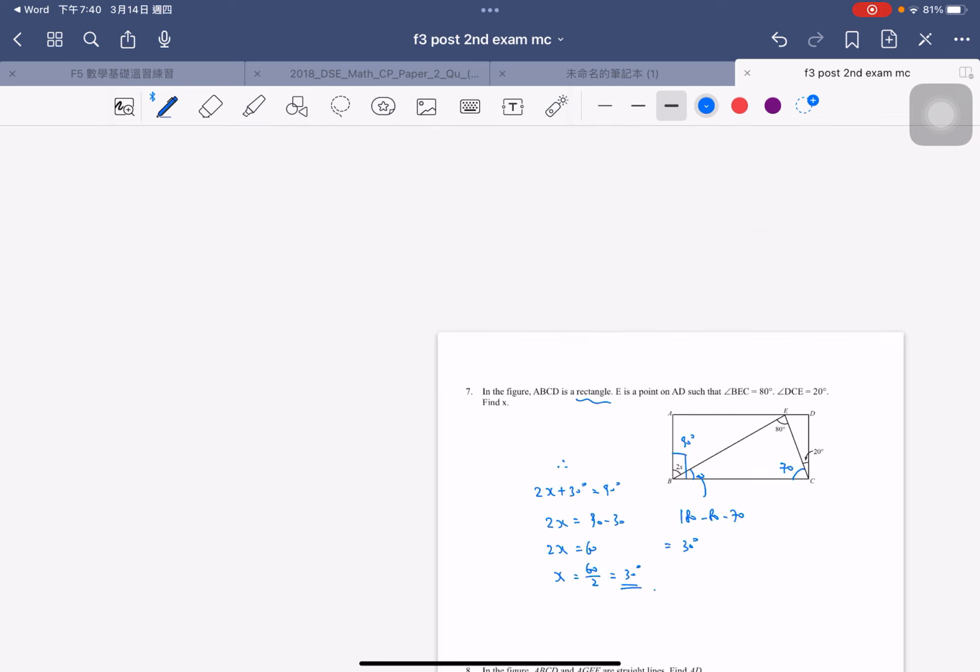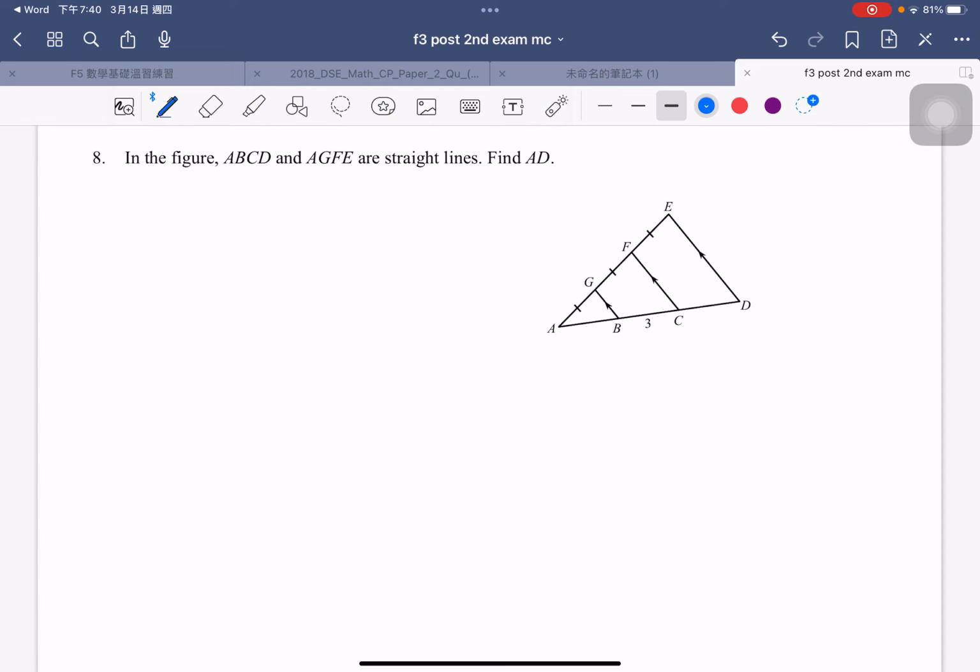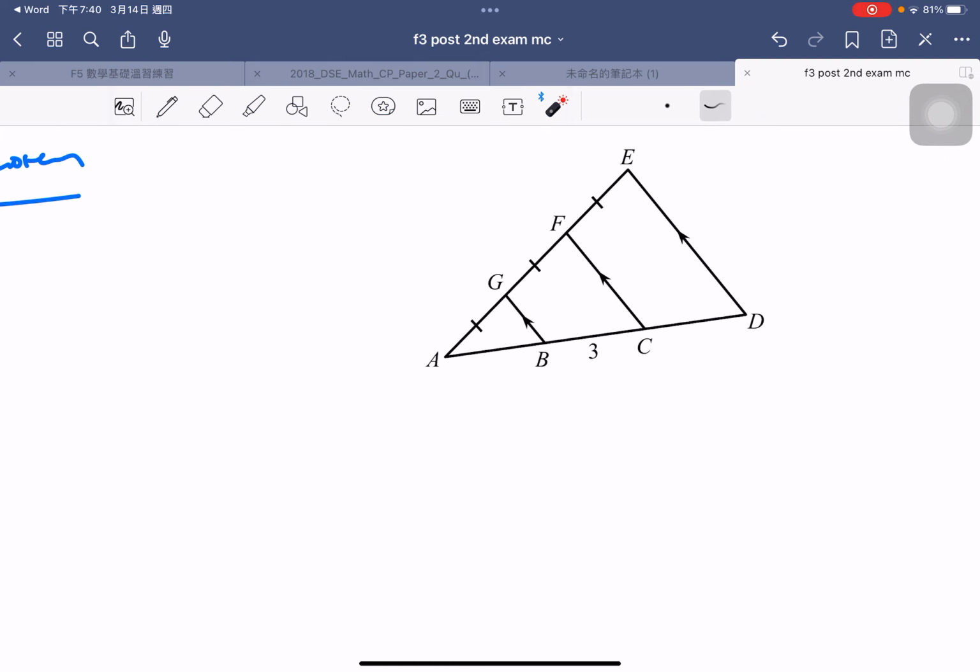Okay? So that's for question 7. Moving to question 8, it's actually quite easy if you still remember the intercept theorem. The intercept theorem tells us that if we have parallel lines and this length is the same, then the opposite length is the same as well.